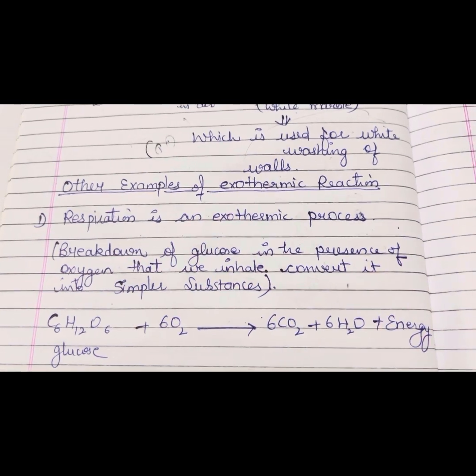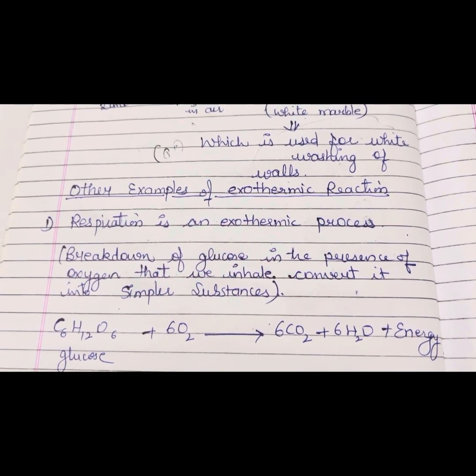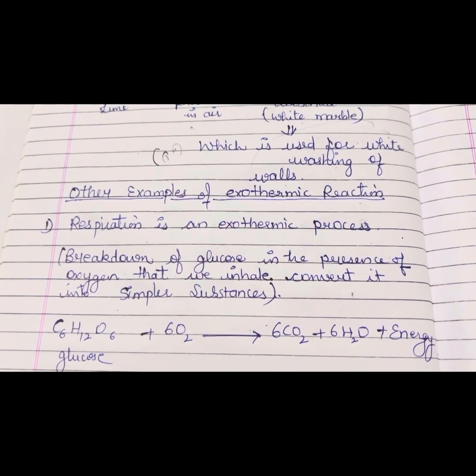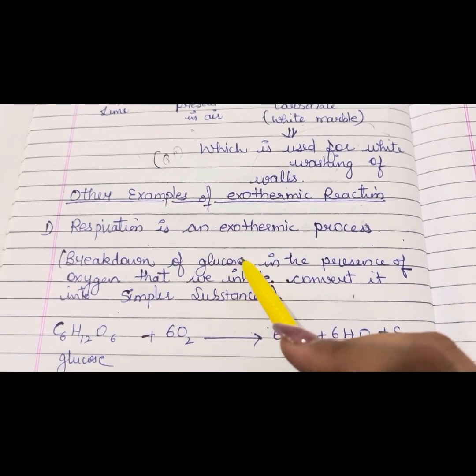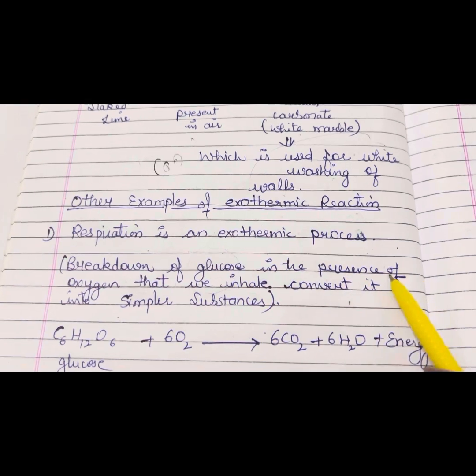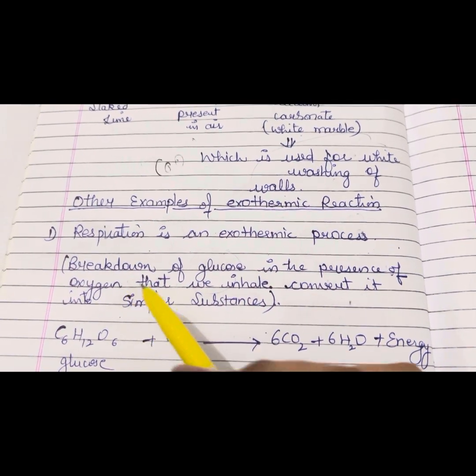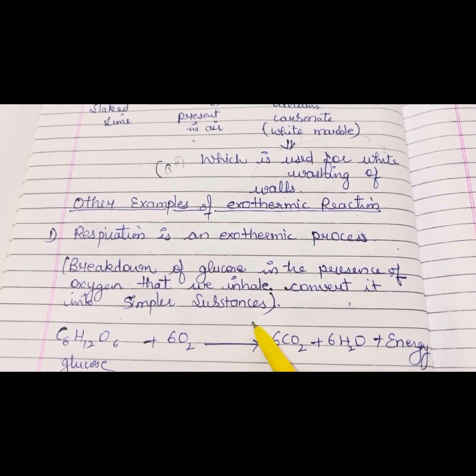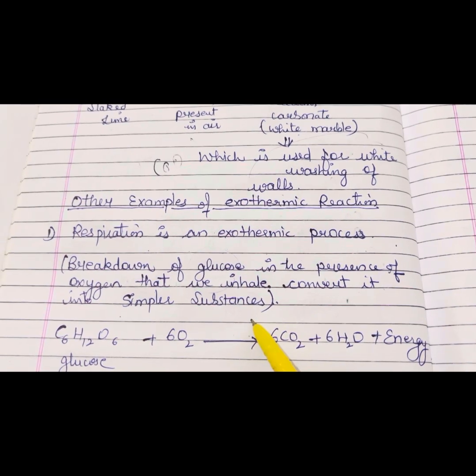Respiration means inhale and exhale of the gases. But whenever we are inhaling oxygen, at that moment the glucose that we are taking with our food will break down in the presence of oxygen that we inhale and convert into simpler substances. Now which type of simpler substances?